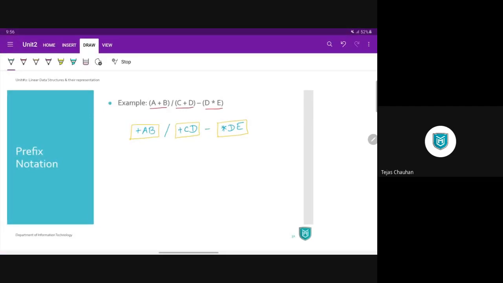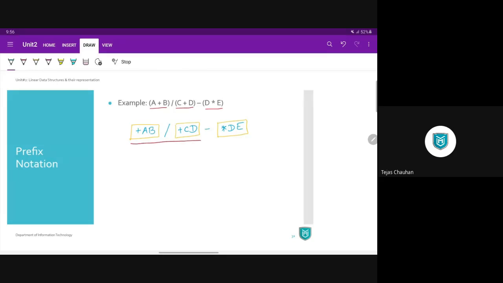Now there are no parentheses, so we have two operators: division and minus. In this case, we look at the precedence. Which one has higher precedence? Division has higher precedence compared to minus. So we will solve this part first.